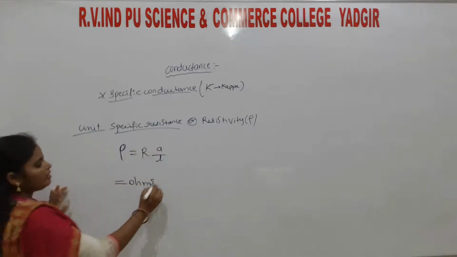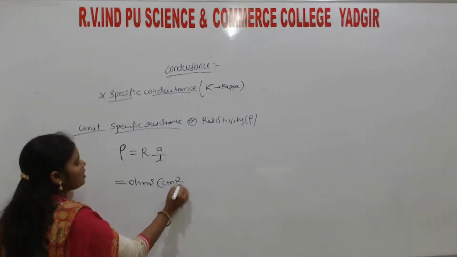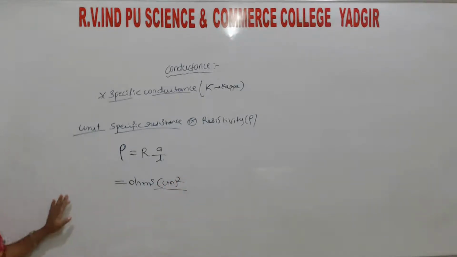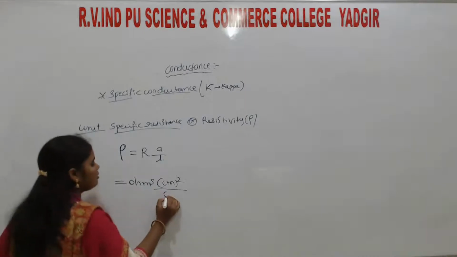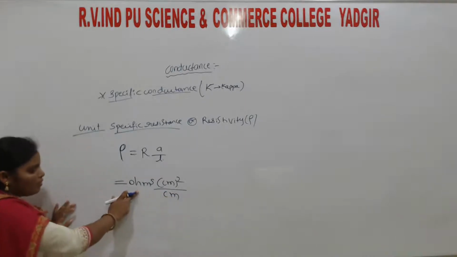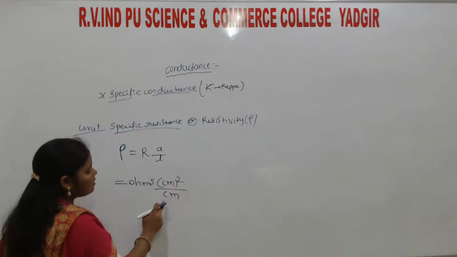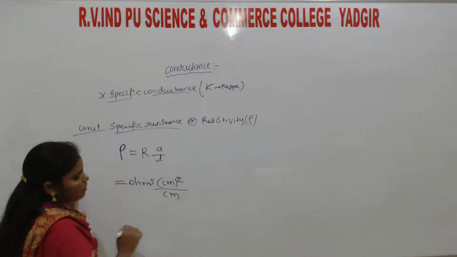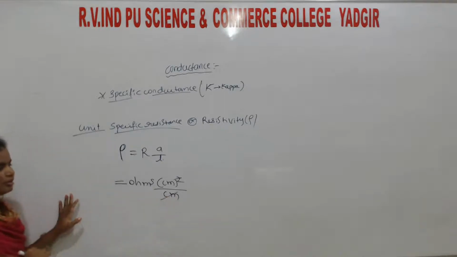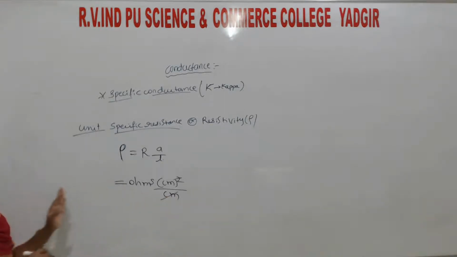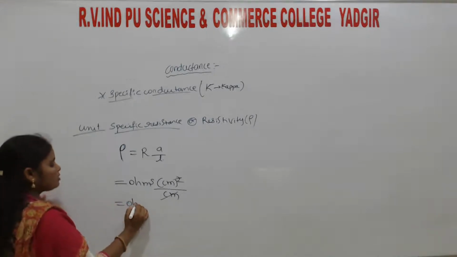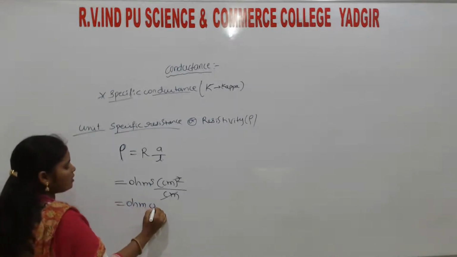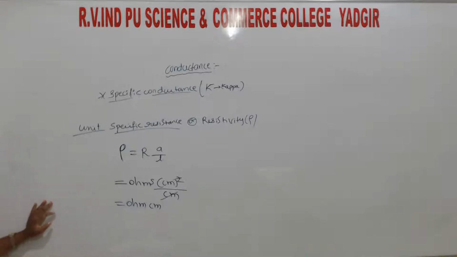Area is in centimeter square, divided by length in centimeter. So the unit comes to ohm centimeter squared over centimeter, which is ohm centimeter.